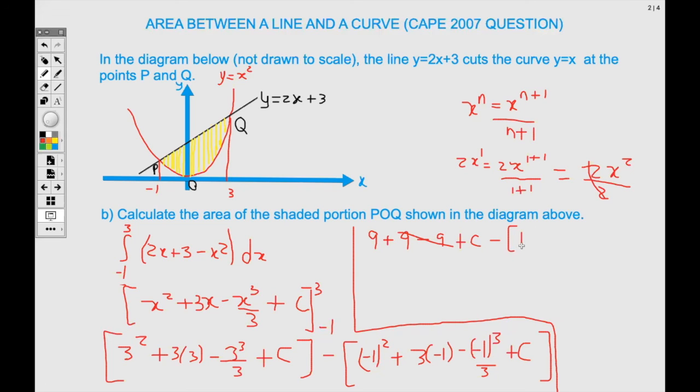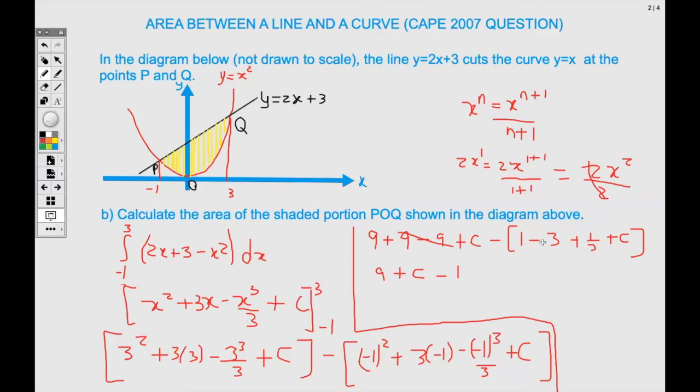In the lower limit, negative 1 squared is positive 1. Positive 3 times negative 1 is negative 3. And negative 1 cubed is negative 1, but the minus sign in front changes it to positive 1 over 3, plus c. Now there's a negative sign in front of the square bracket, so it's going to affect what's inside.